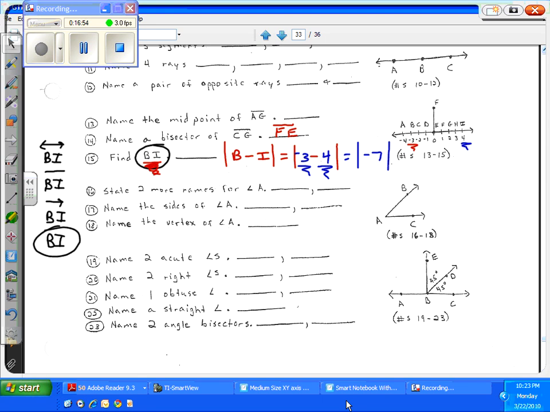When you add or subtract with the same sign, you add and take the common sign. Absolute value represents distance from 0, and -7 is the distance of 7 from 0. And so we would say that the distance between point B and point I is 7 units. Okay? Any questions on that? That's called the ruler postulate.